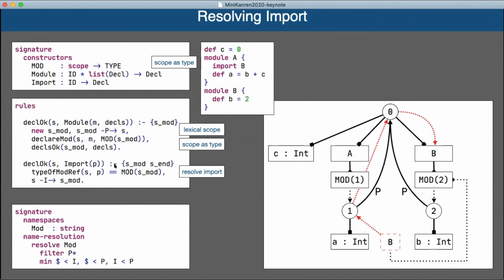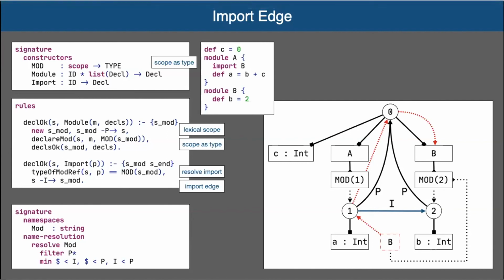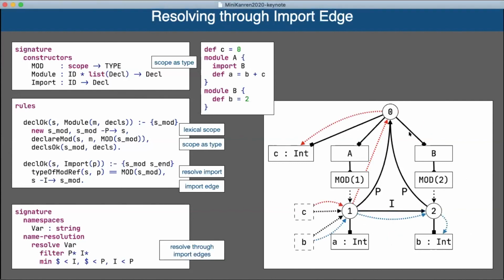So if we find the type of a module, then what we do is we create an edge from S, the importing module, to smod, the imported module. Right, so here we get an I edge from the module that imports module B to the scope that represents module B. Now, given this new edge, we can then resolve through import edges, right? So the C over here can now be resolved to a module in the module over here.